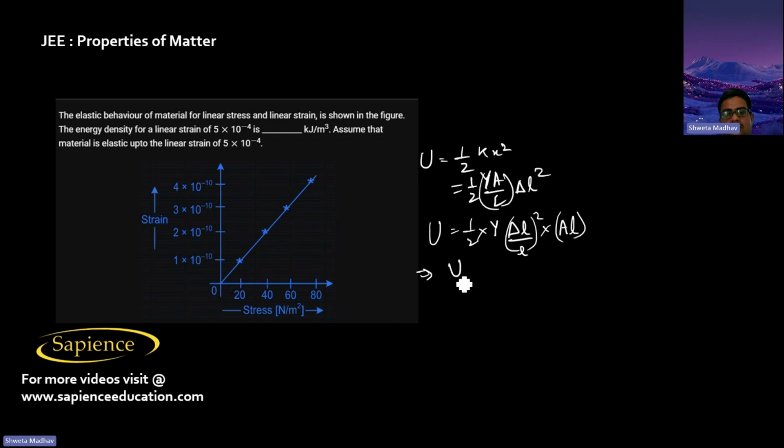So therefore, the energy density, which is E by volume, that is half into Young's modulus into strain square, where strain is delta L by L, change in length by original length.